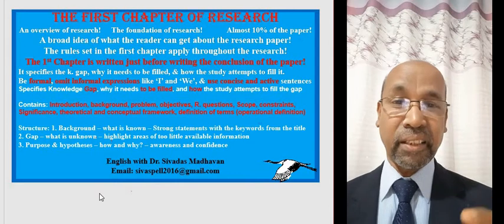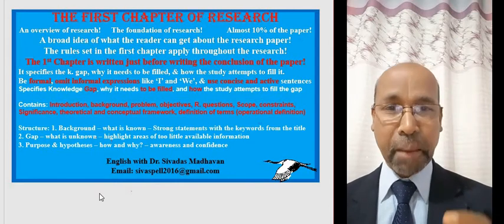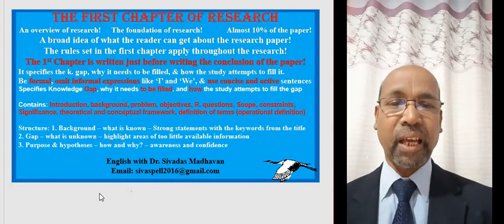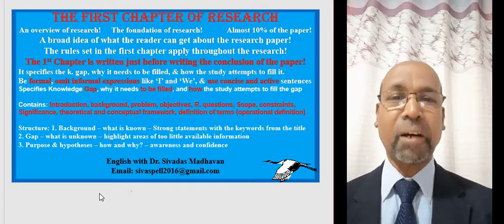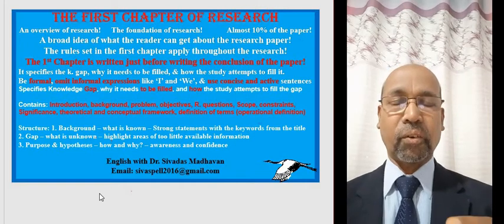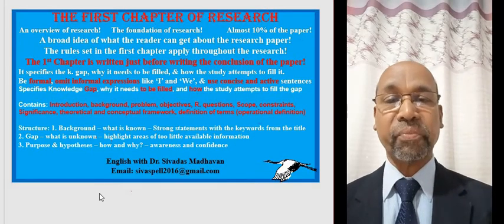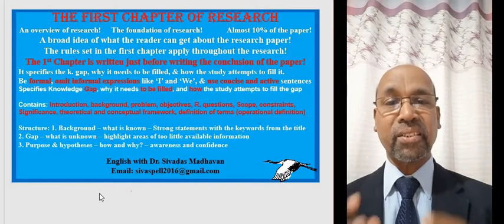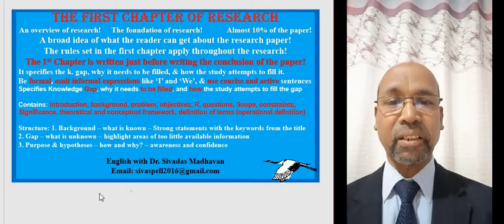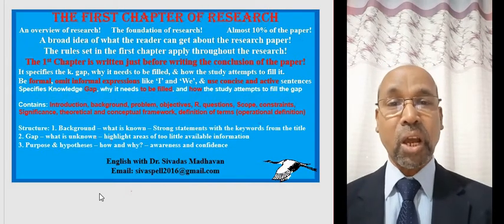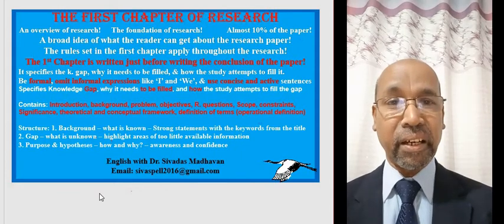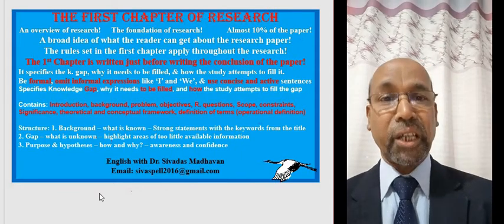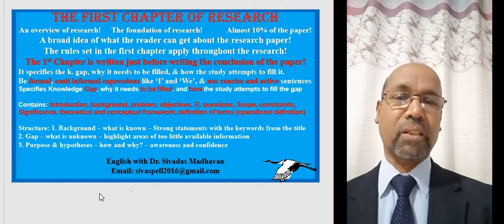And the language will be standard language, grammatically accurate, and the sentences will be concise, active sentences to make it very powerful. So, in the research paper, what the researcher writes in the first chapter will be very crucial, because all the rules set in the first chapter will be reflected in all the other parts of the research paper.